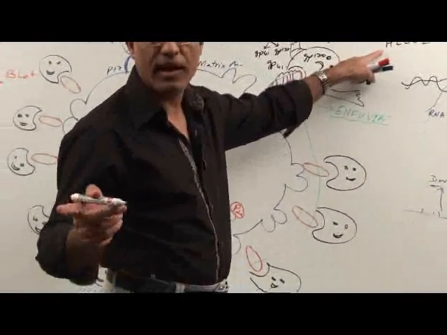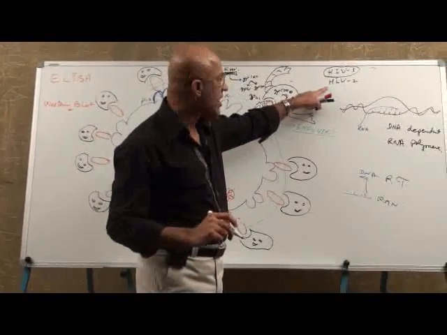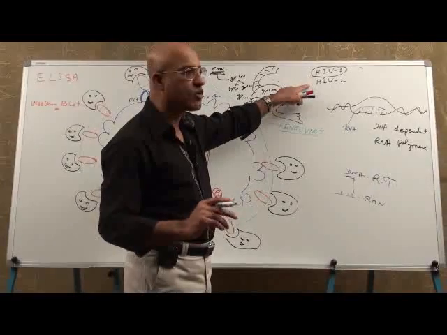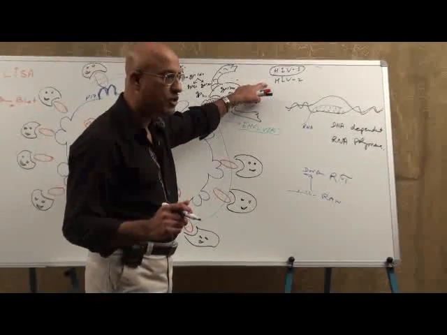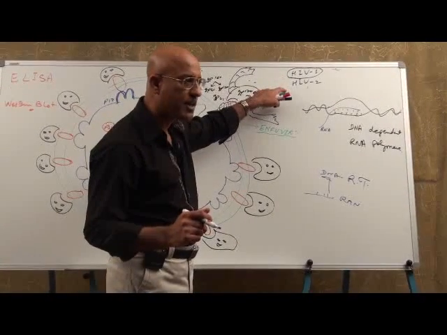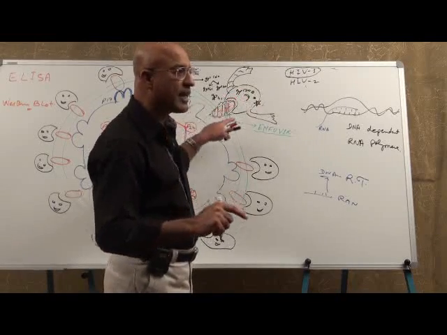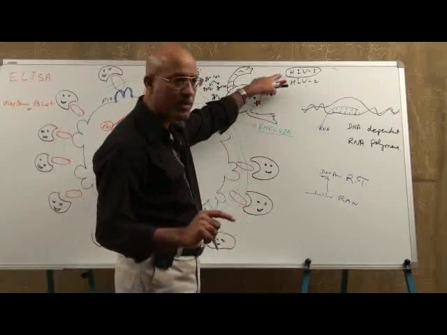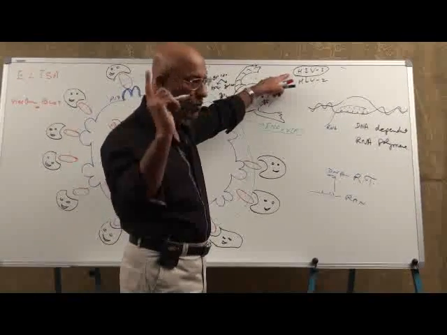HIV-2 virus is limited to Western Africa. HIV-1 and HIV-2 virus are not too similar. They have only 40% homology. 40% of their genetic material is the same, 40% of their protein is the same. But what I want you to remember is that this lecture is mainly about HIV-1, which is producing the disease all over the world.